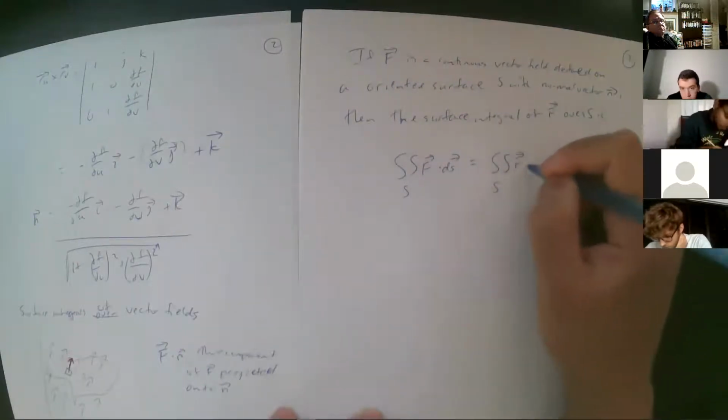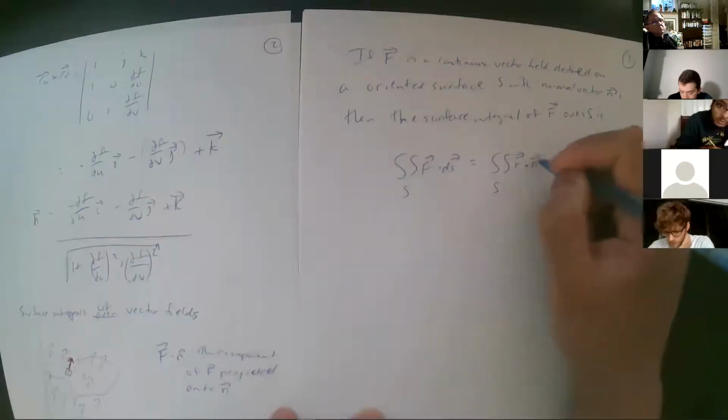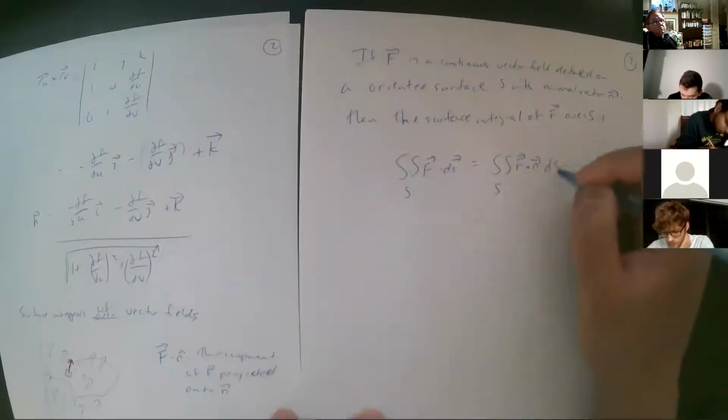We take the field, we dot it with the normal vector, and then we just integrate over the surface.